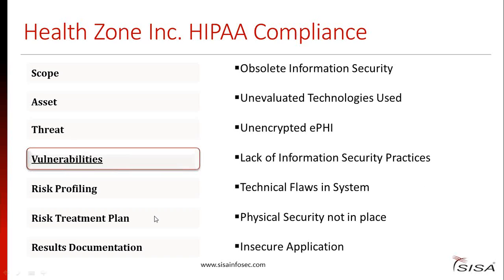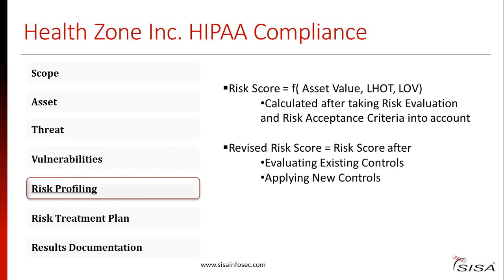In the risk profiling, we'll calculate the risk based on the asset value, likelihood of threat and level of vulnerability. How easily can that vulnerability be exploited? Like if you are using telnet in your environment, probably anyone can see the administrative password and login information and can hack your system. While if it is SSH, the vulnerability level is much lower, and it will be difficult to hack your system.